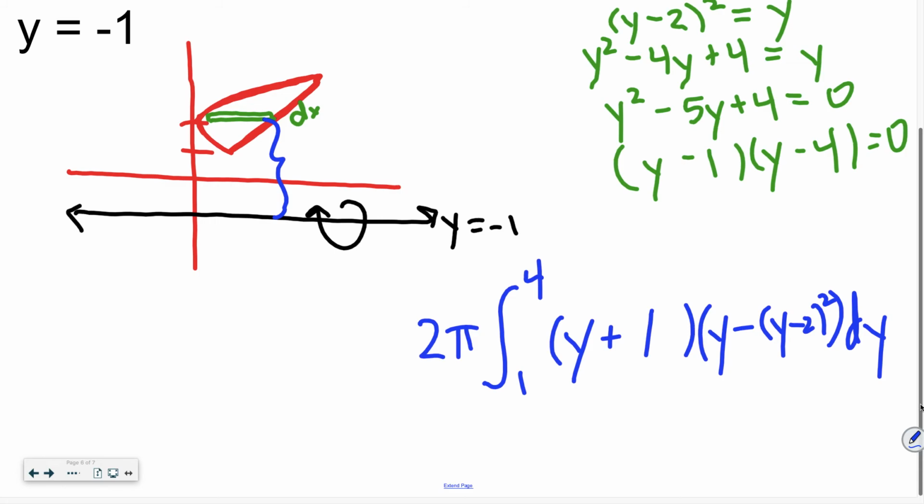Julia, if your neighbor had a question, why is it y plus 1? How would you describe it to them? Because it's like the top minus the bottom. So we describe this as y away minus negative 1. Love it. 63 pi over 2.